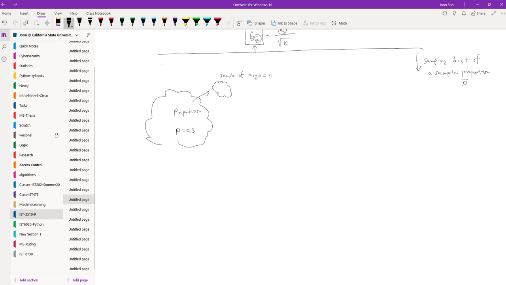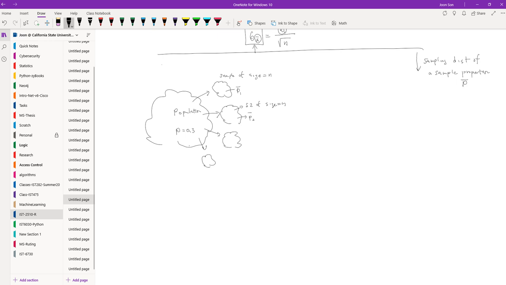And then you calculate the proportion, which is P bar. Let's say this is P bar 1. But you do this infinitely. You take another sample, and then you calculate the sample proportion, and you get P bar 2, from sample 2 of the same size n.